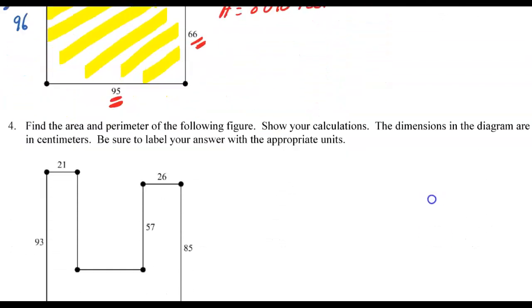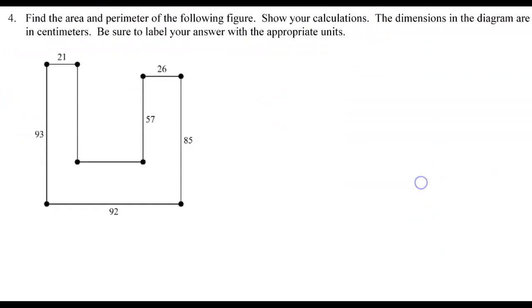Now let's take a look at the last question. If we look at the last question, I need to find this pink piece. I also need to find the yellow piece. So the yellow piece, I could find that by using all of the horizontals, and I'm highlighting them in blue.